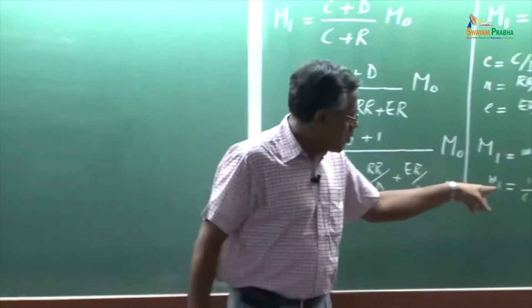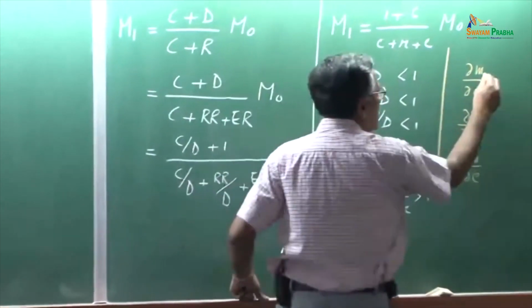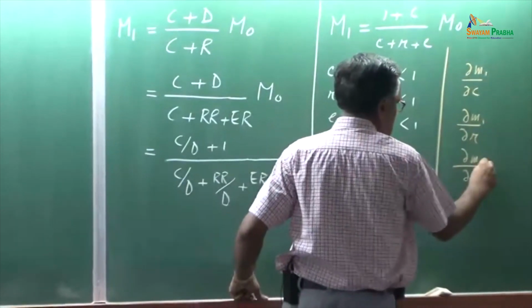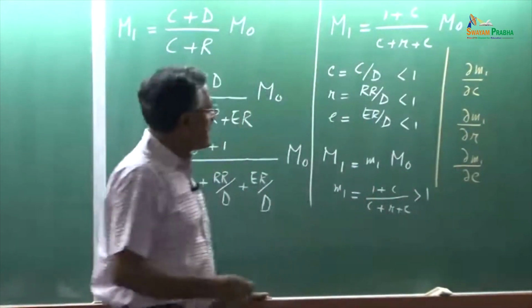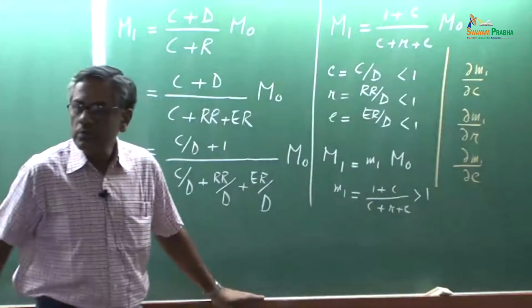So, this M1, you call that M1 maybe, how does M1 change, ∂M1/∂C, what will be the derivative?